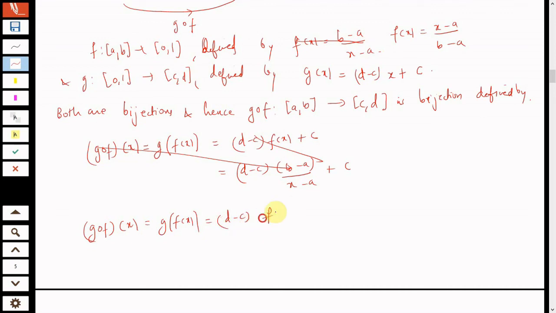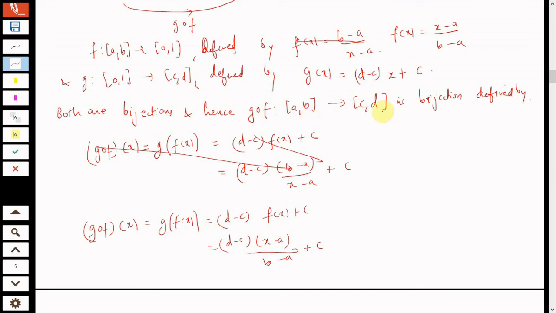As per the definition of g, there's a change in f, so I'll mention it, d minus c into x minus a upon b minus a plus c, right? So this is how bijection is defined from closed interval a comma b to c comma d.